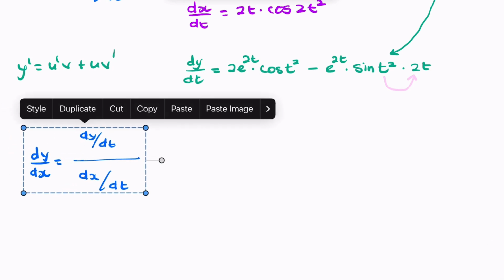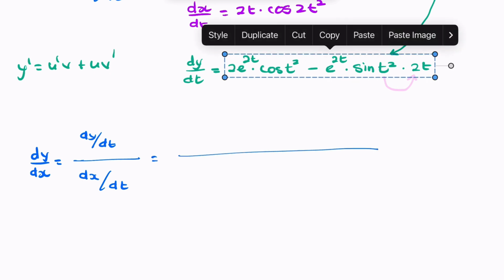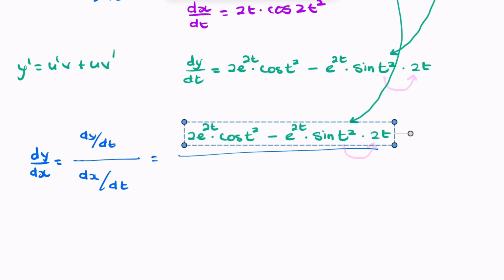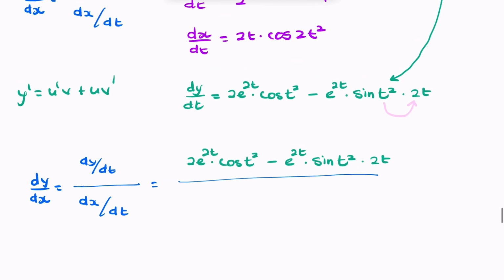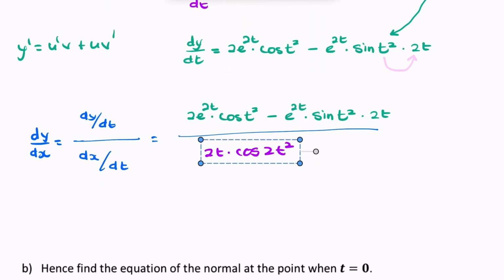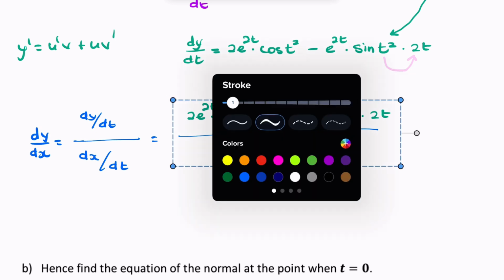So dy by dx is the ratio of dy by dt that we just found divided by dx by dt. So that's my dy by dt, and in the denominator, I'll just copy my dx by dt. And that is the expression for dy by dx.